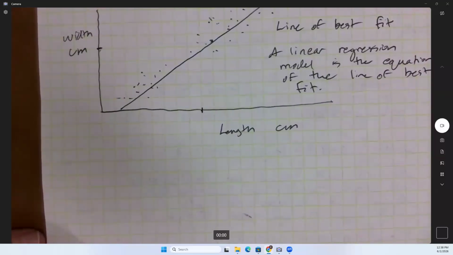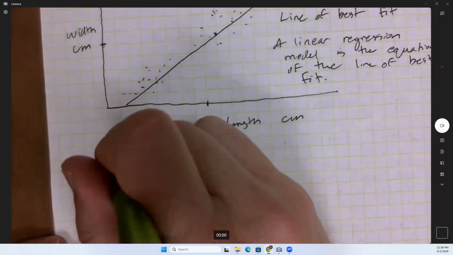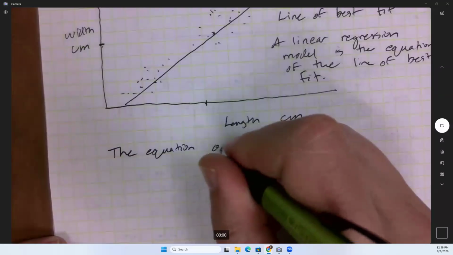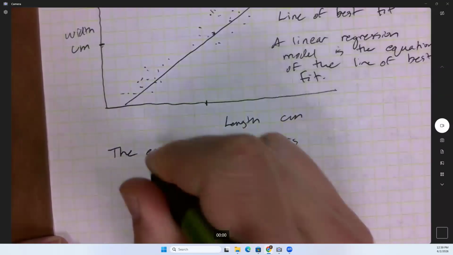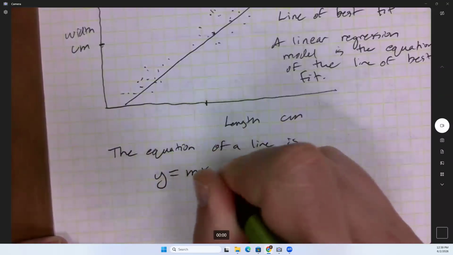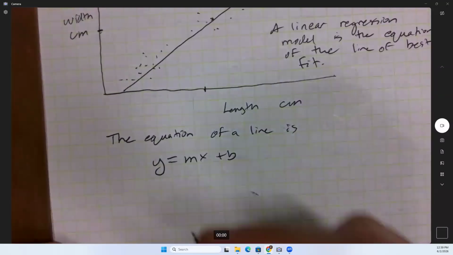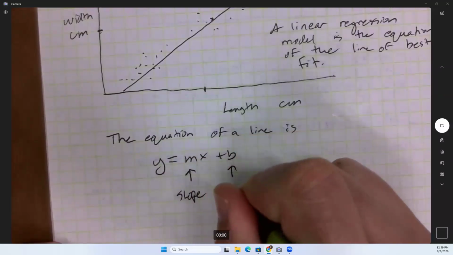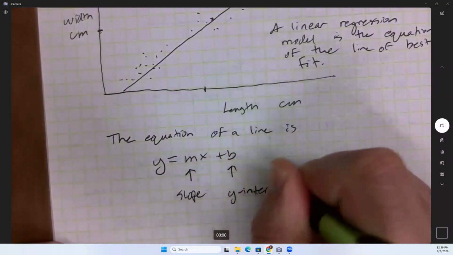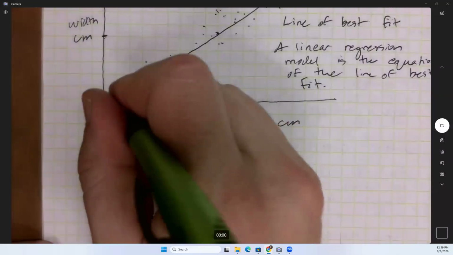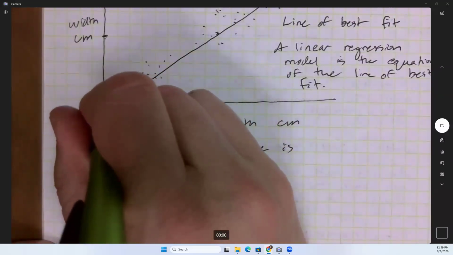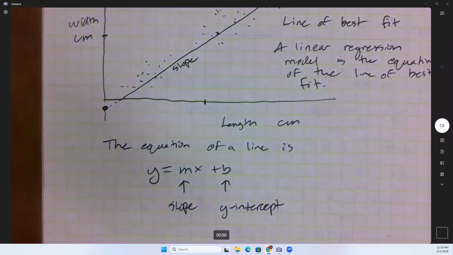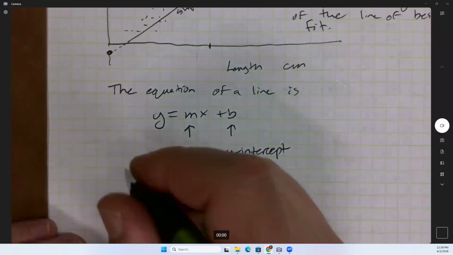So any line can be described with the equation y equals mx plus b, where m is the slope and b is the y-intercept. The y-intercept is where that line would cross the vertical axis, and the slope is the change in the y as the x changes.